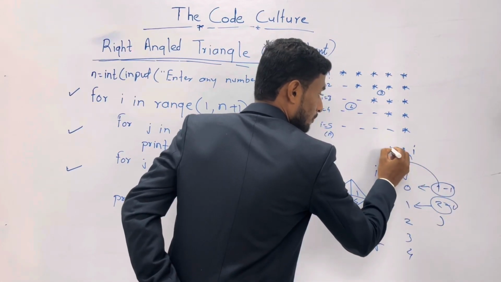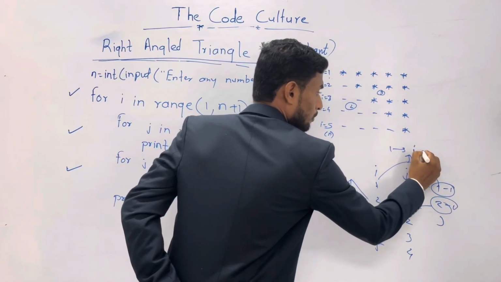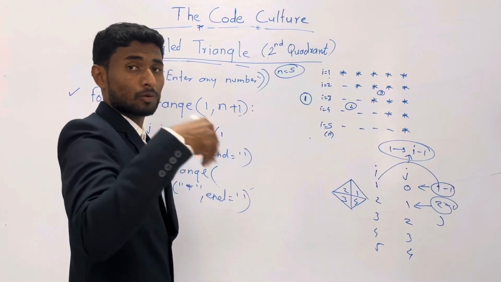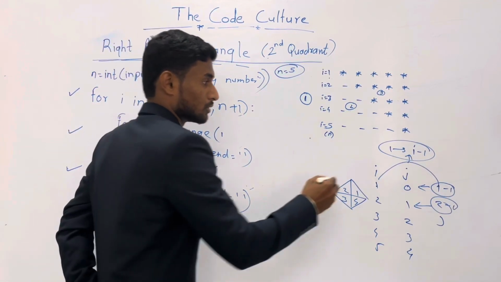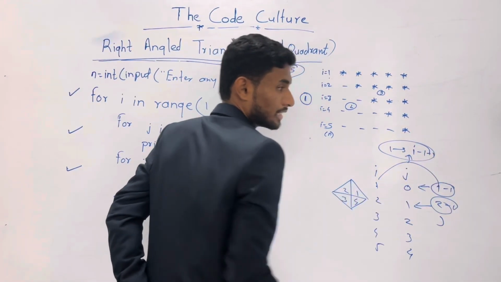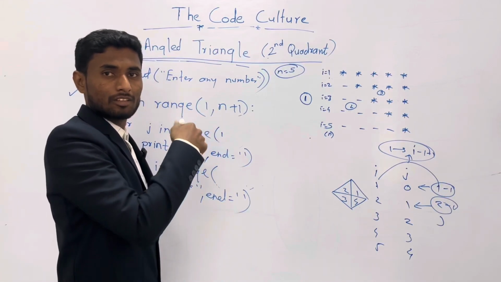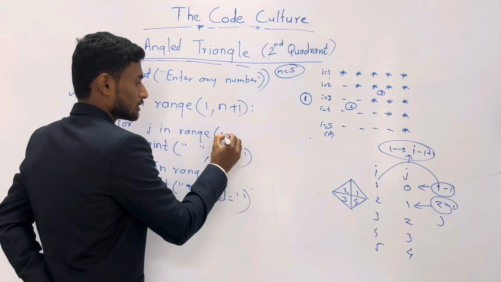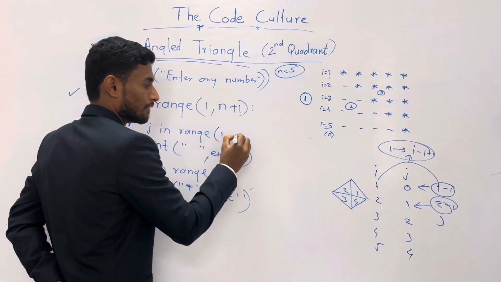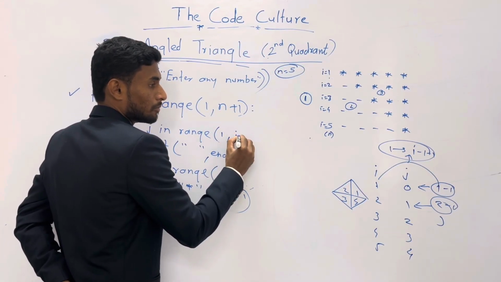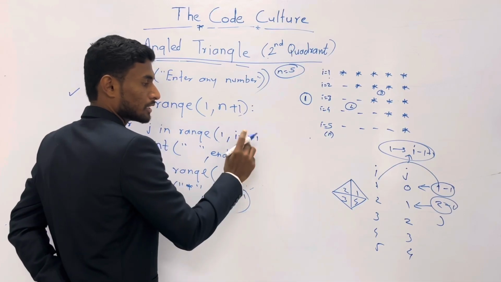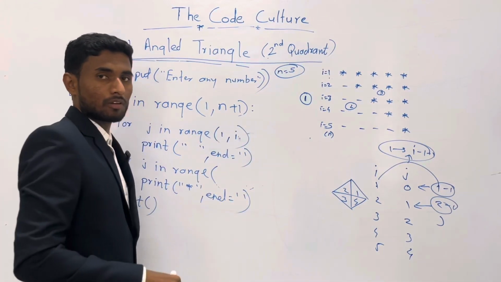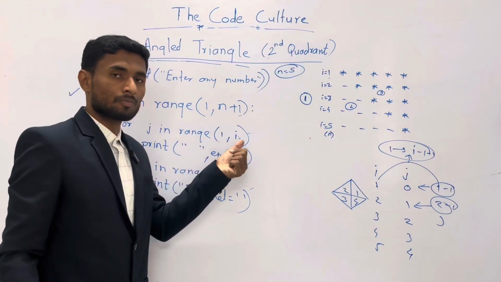So I am starting from 1 and going up to i minus 1. If I want to go up to i minus 1, I will add plus 1, that is the syntax of the range function: I go up to n plus 1. So I start with 1 and go up to i minus 1 plus 1. The minus 1 plus 1 will get cancelled, so I am just taking the range from 1 to i.